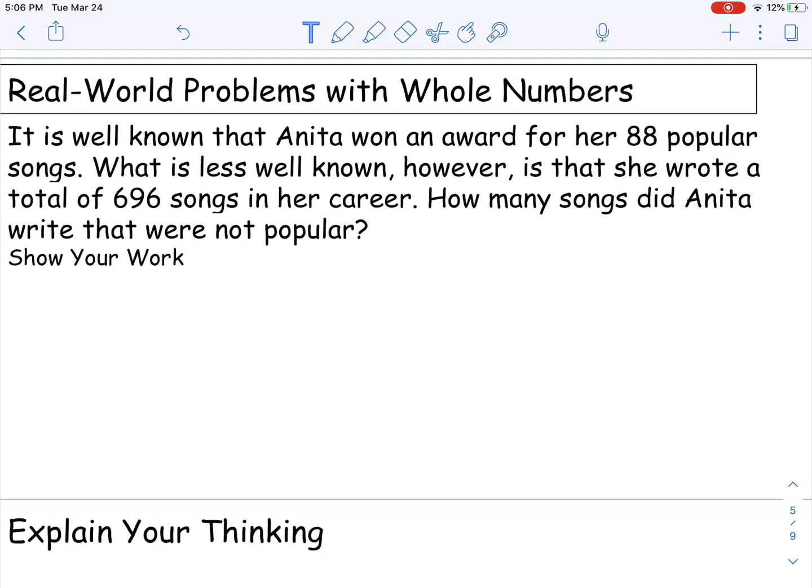Number 2. It is well known that Anita won an award for her 88 popular songs. What is less well known, however, is that she wrote a total of 696 songs in her career. How many songs did Anita write that were not popular? So who or what is this problem about? We have Anita. And what do we know about Anita? Well, Anita's a singer and she writes some songs.